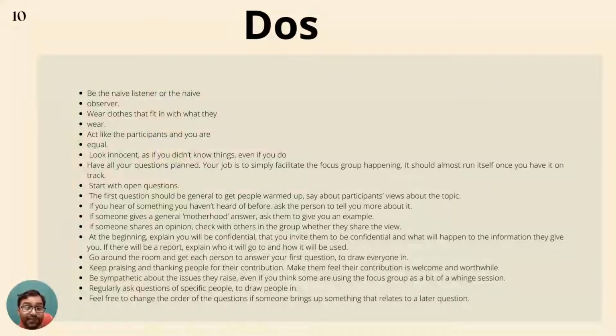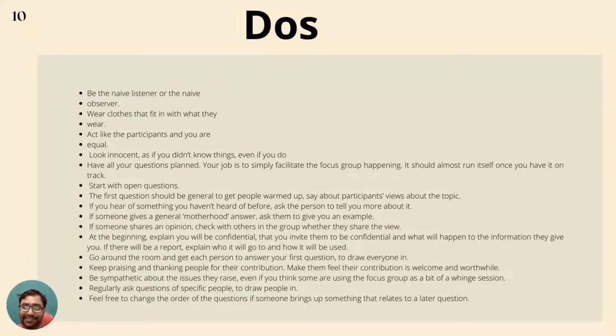The next point is what you need to do in the FGD. Be aware of the name and the lessons. Wear clothes that fit in with what they wear. Act like a participant, look innocent as if you do not know things, even if you have all the questions planned.